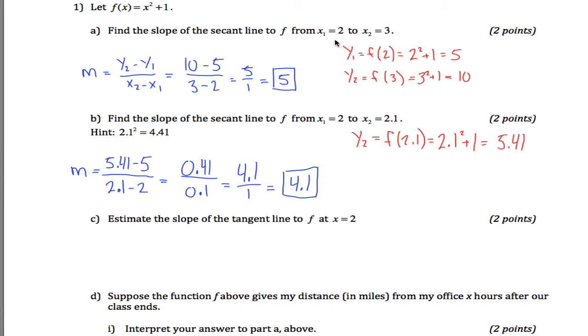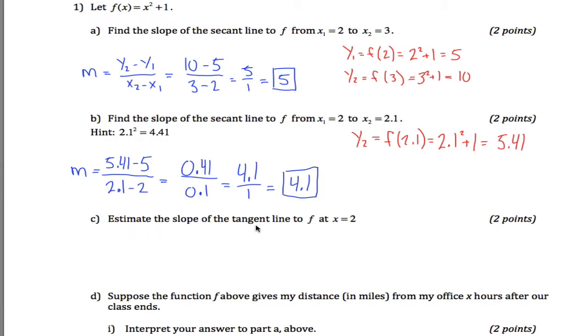So when one of our x values is 2 and the other one's 3, we get a slope of 5. But when we leave the first one at 2 and bring the second one a lot closer, to 2.1, we get 4.1. Maybe this and the practice from your homework is enough for you to take a guess. If we took this idea of a limit, and let the second x value get really, really close to this one, say 2.00001, we'd probably get a value pretty close to 4.